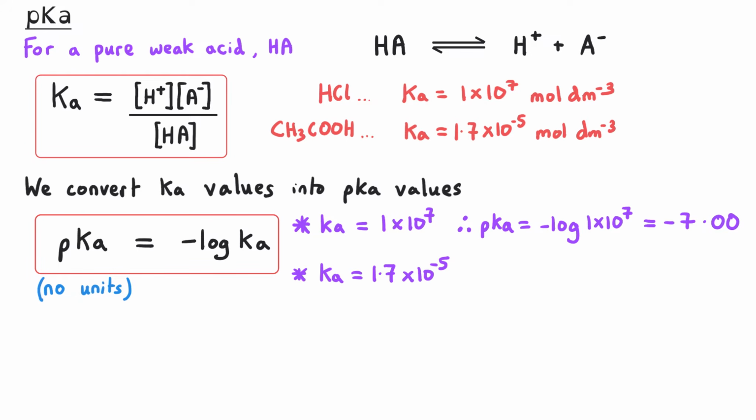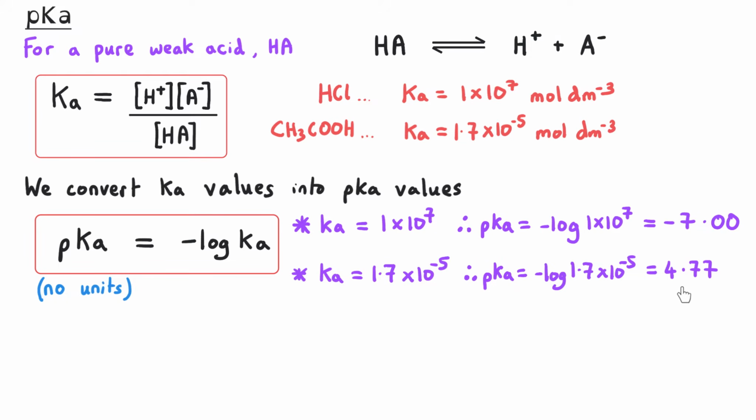And ethanoic acid's Ka of 1.7 times 10 to the minus 5, therefore the pKa is the negative log of this number, and that means that the pKa is 4.77. Do notice that these numbers for pKa don't have units, just like pH values don't have units.